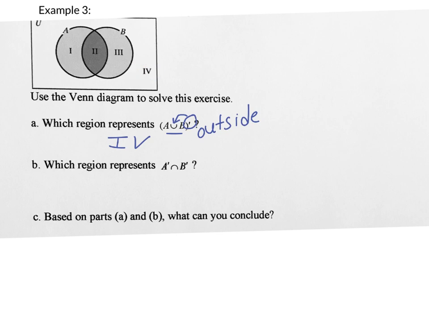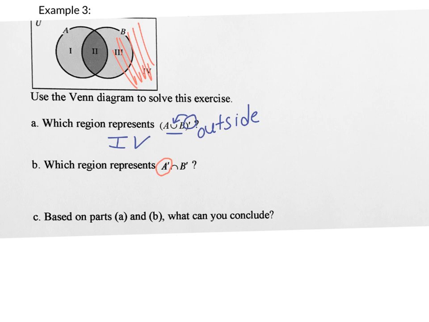Okay, now let's take a look at question B. Question B says, which region represents A complement intersected with B complement? So I'm going to use some color coding to see it better. I'm going to do A complement in red. A complement means everything outside of circle A, what's not in A. So that's regions 3 and 4.